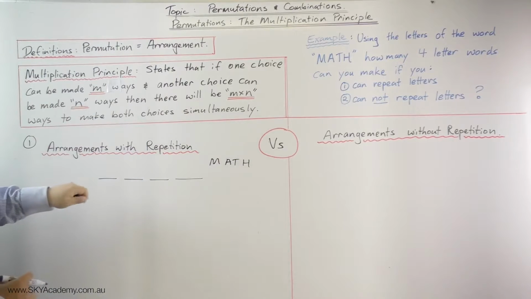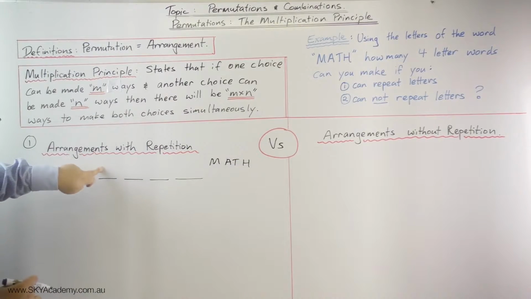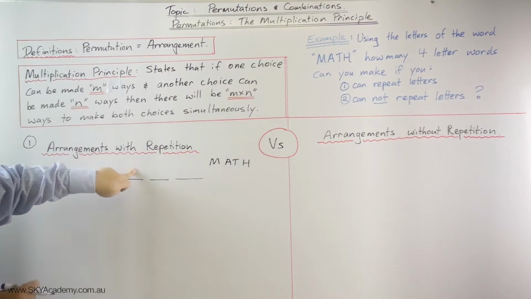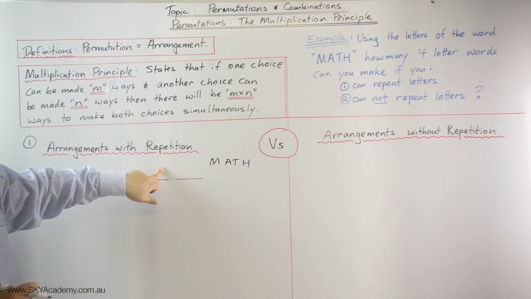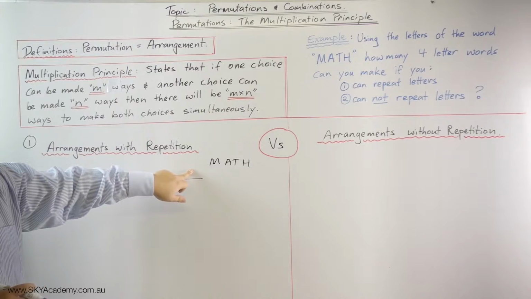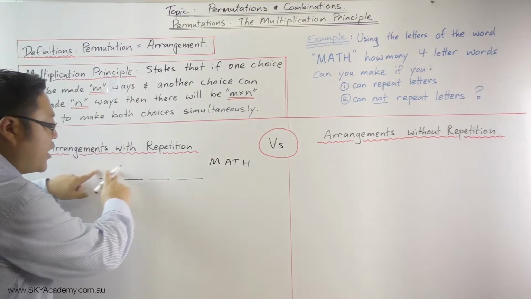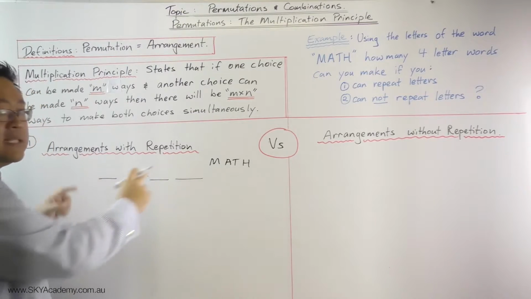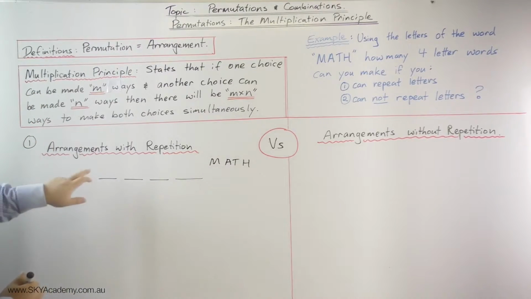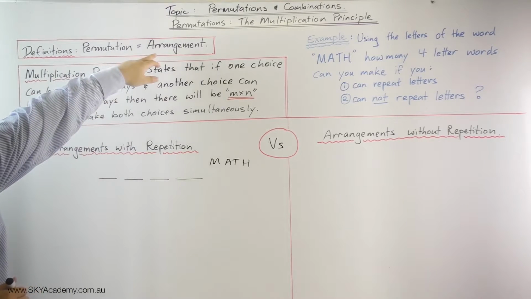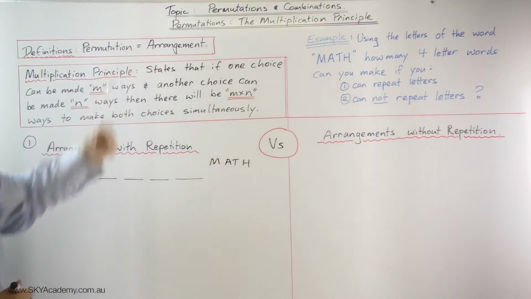This is position 1, position 2, position 3, position 4. Each of those positions will be filled by a letter, and when you put those letters together, it will make one complete arrangement. Does that make sense? All right.